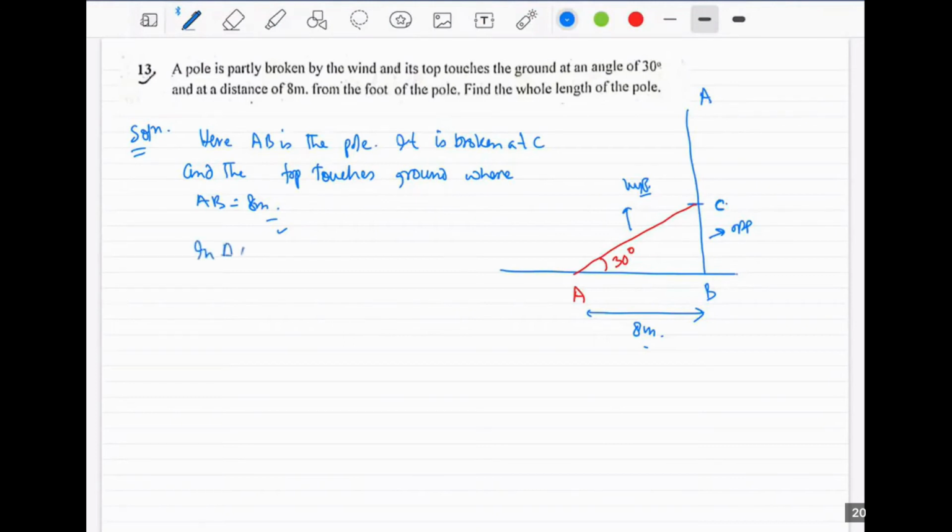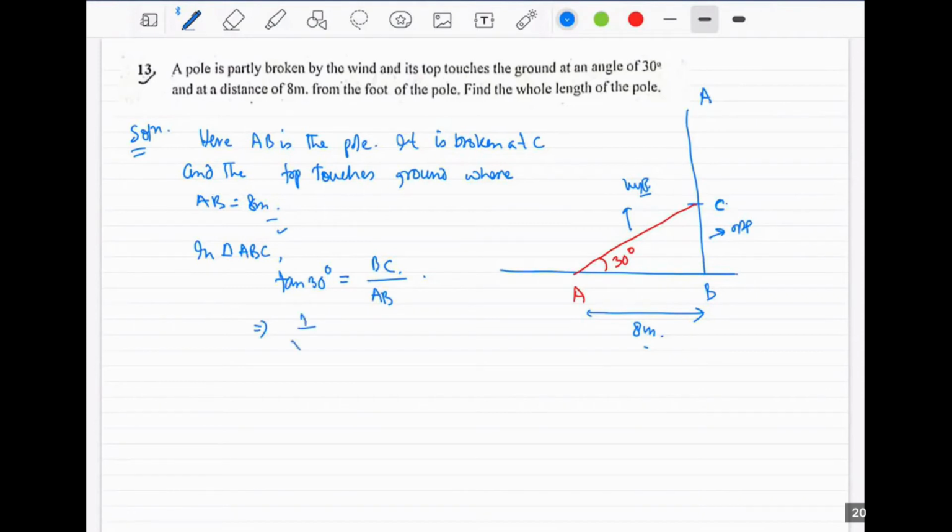In triangle ABC, first of all, we want to obtain this BC, opposite. Opposite we want, adjacent is given, so we will use tan theta. So tan 30 degree is opposite BC by adjacent AB. Whatever values we have, we substitute them.